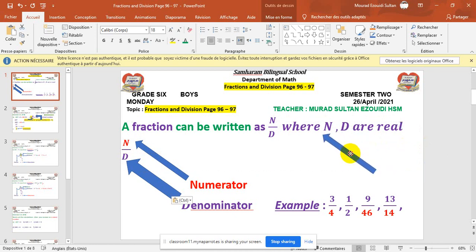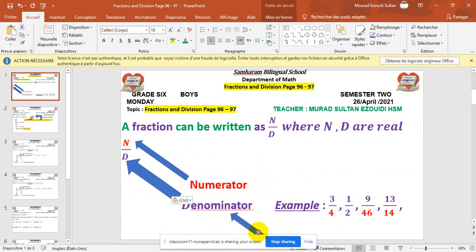Here, n is called numerator. The numerator can be 1, 2, 3, 4, and so on. Then this small d, what is in the bottom, is called denominator.